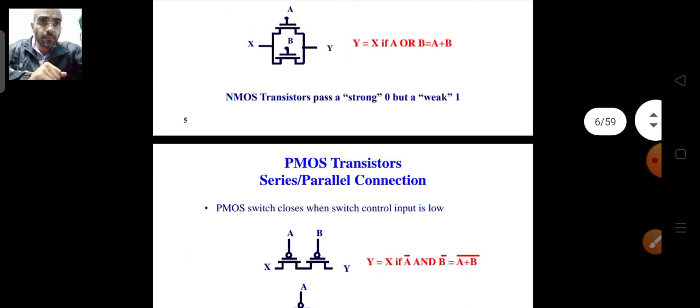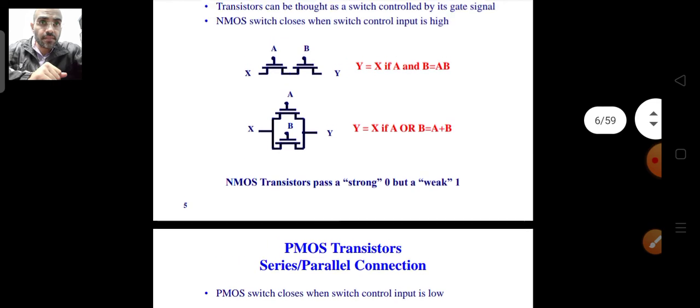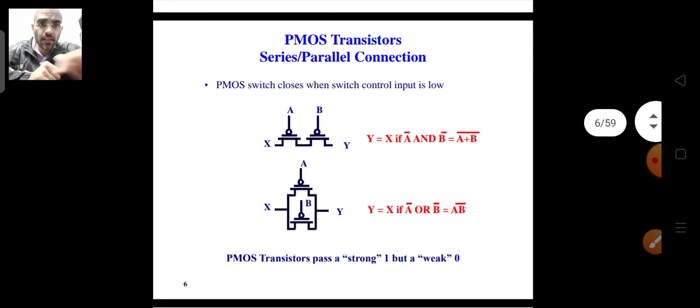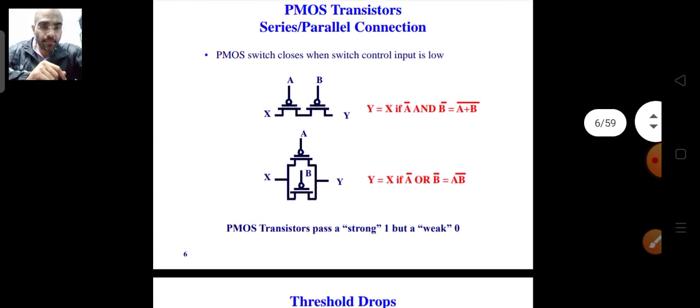Whereas if we connect two NMOSs in parallel, we realize an OR gate. And if we connect two PMOSs in parallel, then as per the functionality, we realize a NAND gate. So this is what happens.